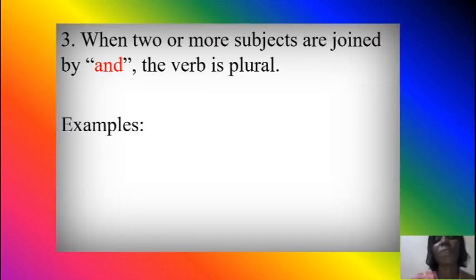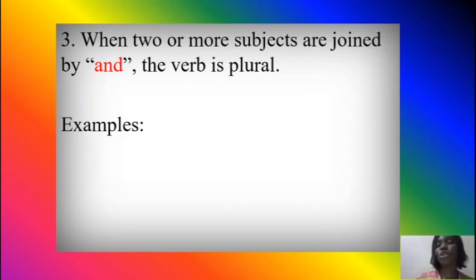Okay, let's go over to rule number 3. Rule number 3 states that when two or more subjects are joined by and, the verb is plural. So if we have such subjects as Trinity and Halima, Trinity is a subject, Halima is also a subject.